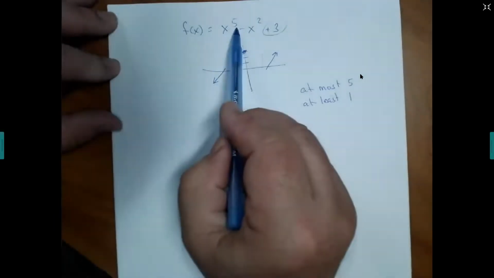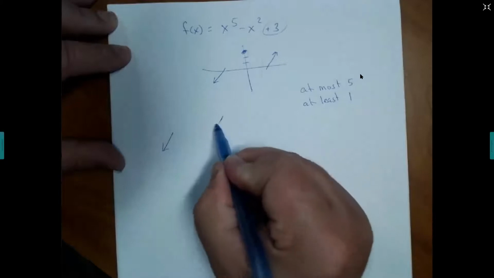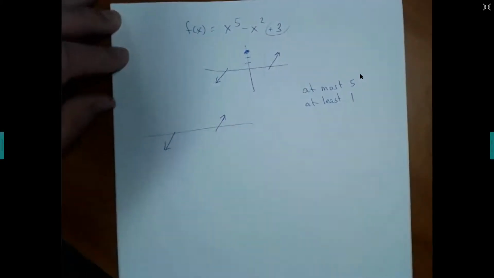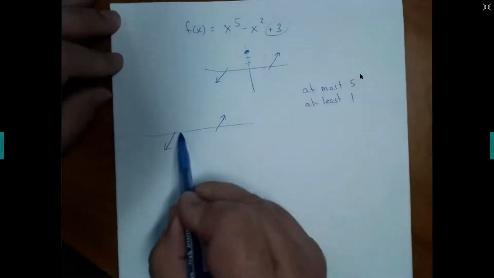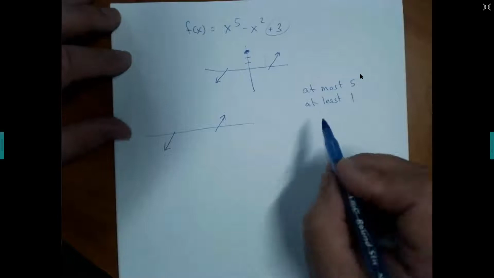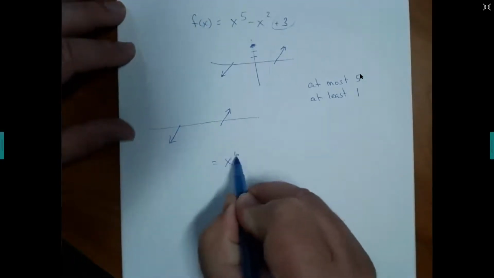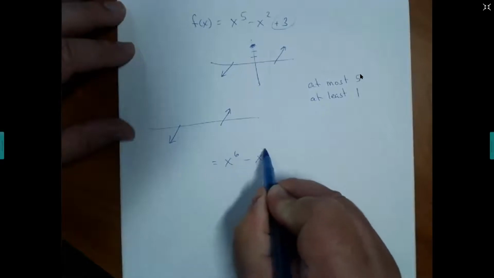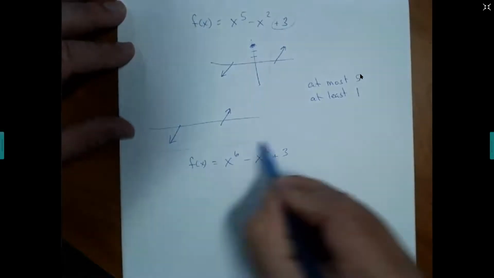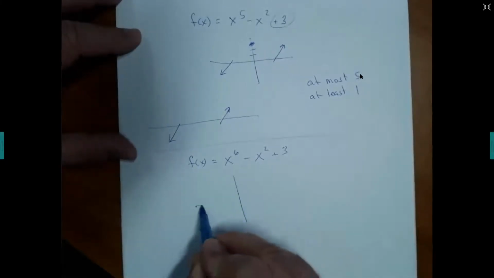If it's odd, since one end goes down and one end goes up, it has to cross the x-axis at one point. If we had a function like this, what do we know about the end behavior?